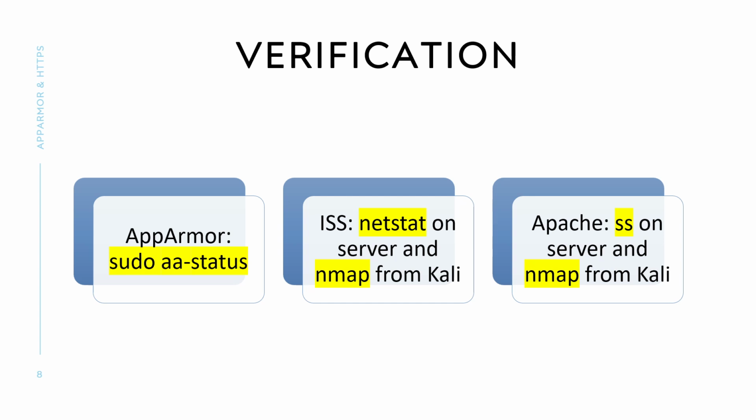Then run nmap from the Kali lab machine to prove that the port is open externally, just to make sure that's running right. And then for Apache, we would use ss -tulpn on the server to confirm it's bound to port 443 as well. Then run nmap from Kali to validate it's reachable. So IIS and Apache have very similar hardening and verification steps.